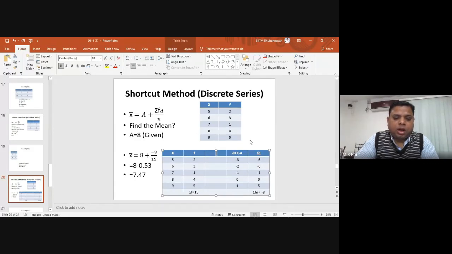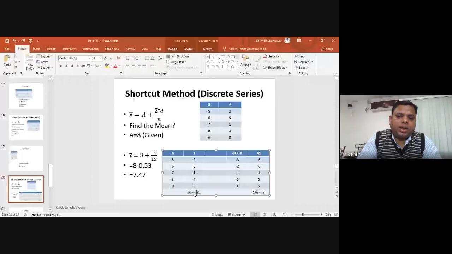And here the number of observations, I repeat, except for individual series, you can use the value of n. In case of n, you can use the value of summation of f. So here we can also write, just note down at the bottom, I have just edited here: including discrete series or continuous series, n equals your summation of f.